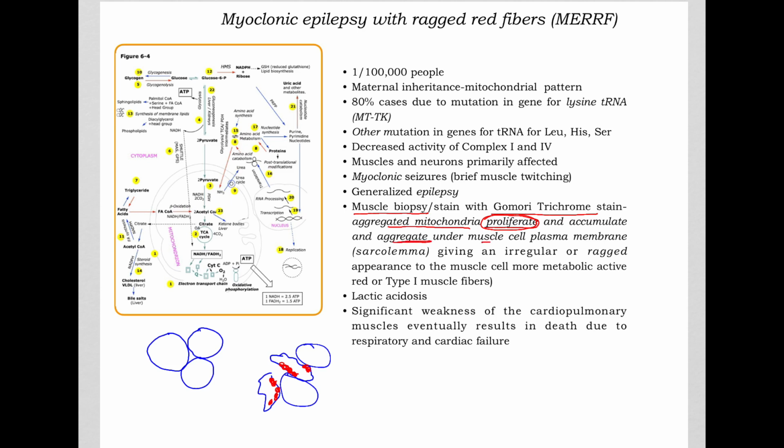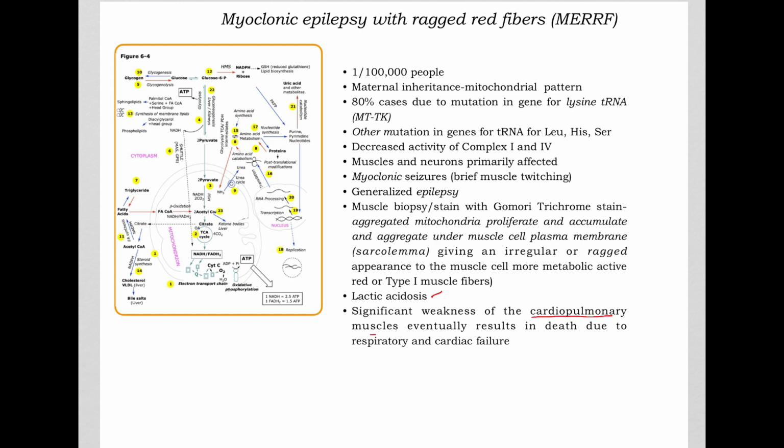They appear under the sarcolemma, the plasma membrane, and that gives the cell this irregular or ragged appearance. Lactic acidosis, as explained earlier, and then significant weakness of the cardiopulmonary muscles eventually results in death due to respiratory as well as cardiac failure.